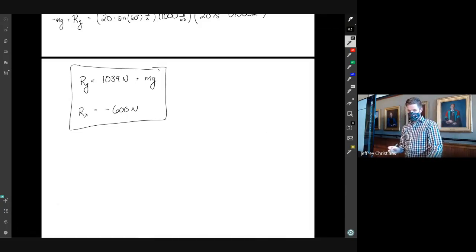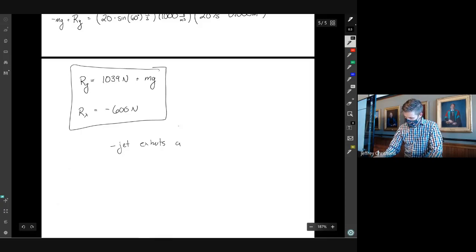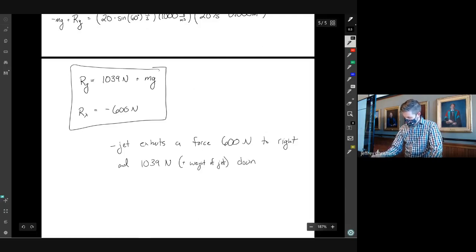So the jet exerts a force of 600 newtons to the right and 1,039 newtons plus the weight of the jet. So plus a little bit down.